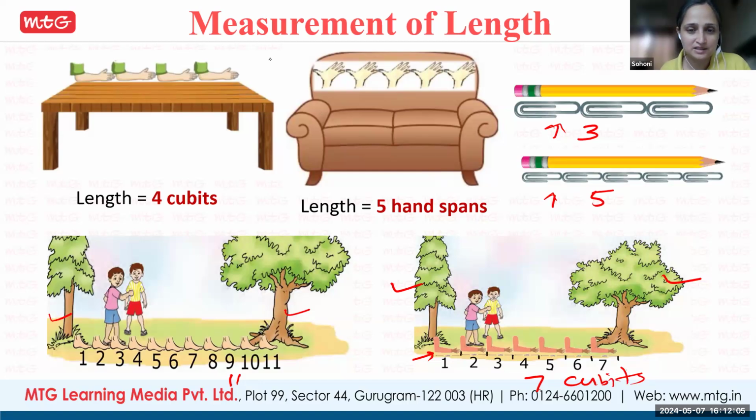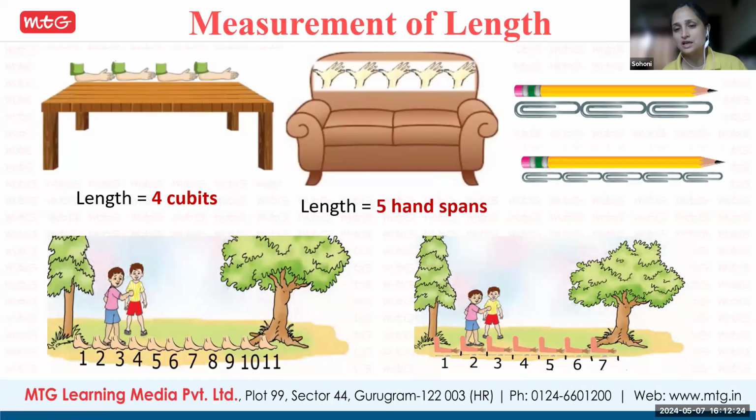So again, the distance between both the trees is the same. But here it is 11 foot spans and the second one is 7 cubits. So it's not fixed. That's why it's non-standard. The non-standard units are not fixed. So that's why we don't use non-standard units.